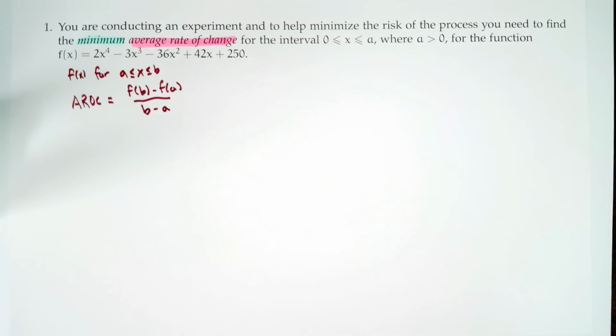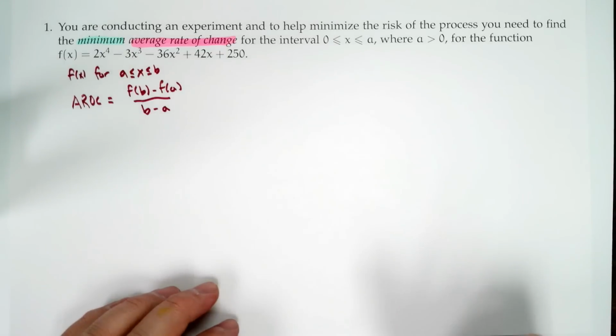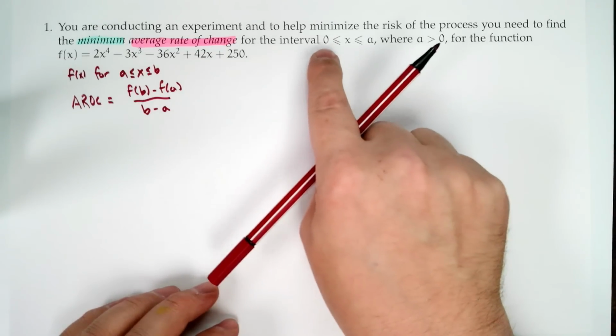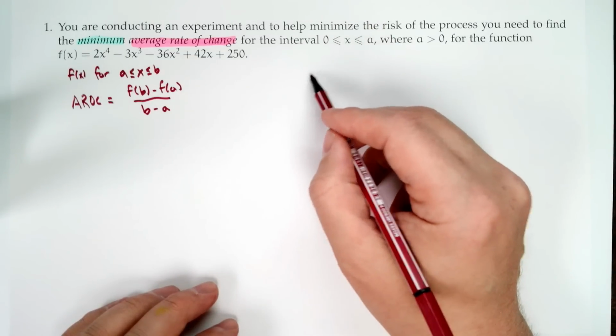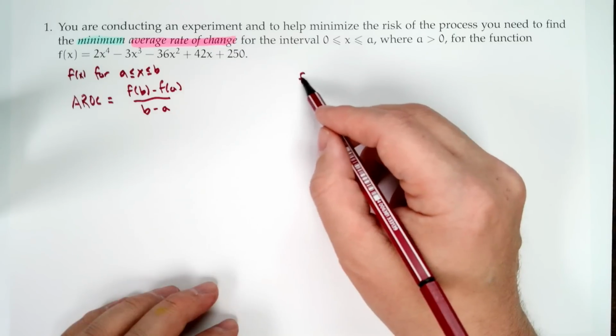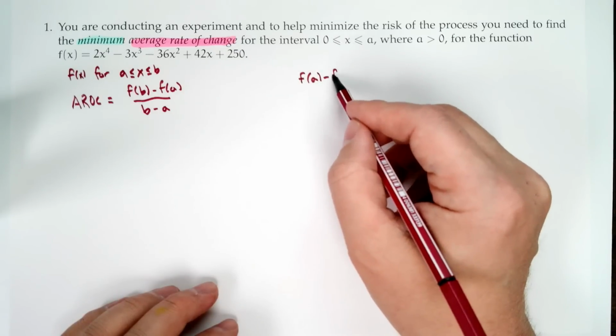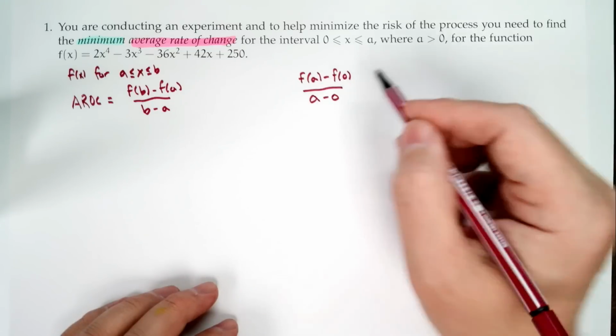So whenever we see the words average rate of change, that's what we think of. Now, what are we after? Well, we want to look at the average rate of change from 0 up to a. So let's apply the formula. We'll change the name slightly, but that's all right. We look at (f(a) - f(0)) / (a - 0).